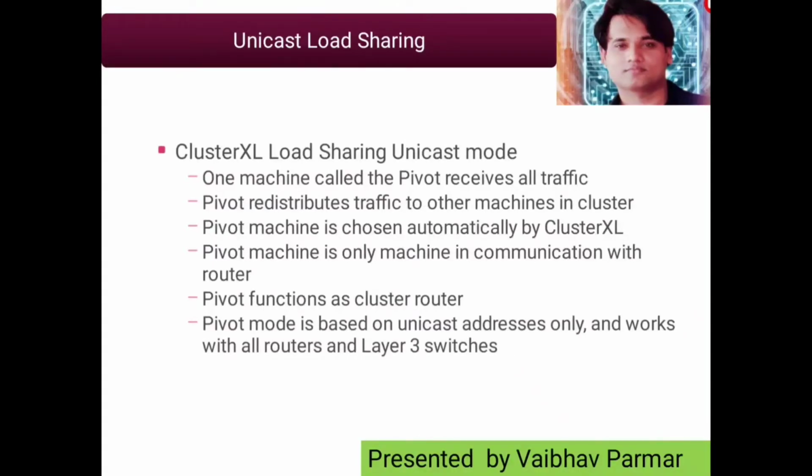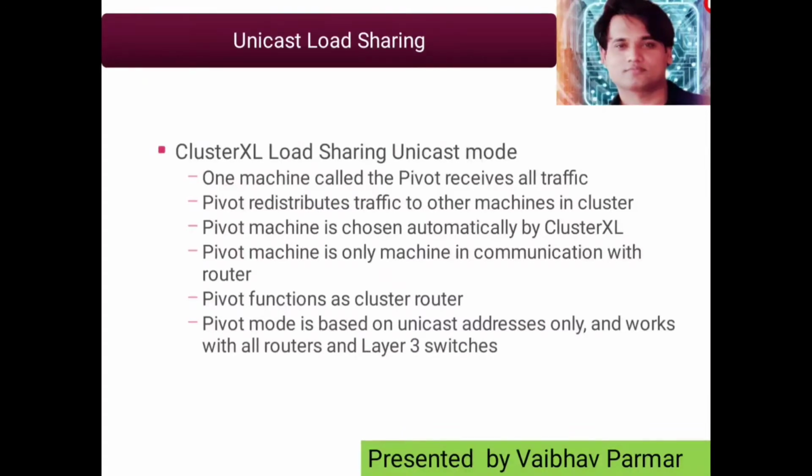The pivot is the only machine that communicates with the router. In this scheme, the router uses only the pivot's unicast MAC address to communicate to the cluster. The pivot functions as a cluster router both from the internal network outwards and vice versa. This functionality also applies to the DMZ network.